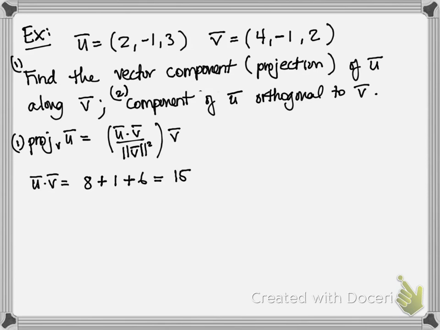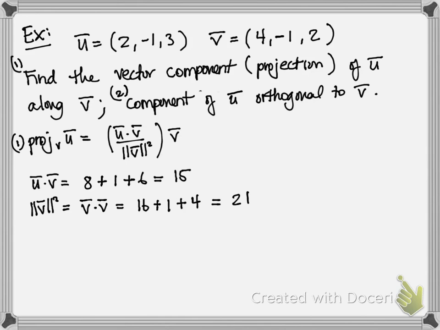And I also need the norm of V squared. Well, another way of saying that is just V dot V, right? That's the norm of V squared, which is 4 squared, which is 16, plus -1 squared, plus 2 squared, which is 4. Okay, so that's 21. All right, so looks like I have everything I need.